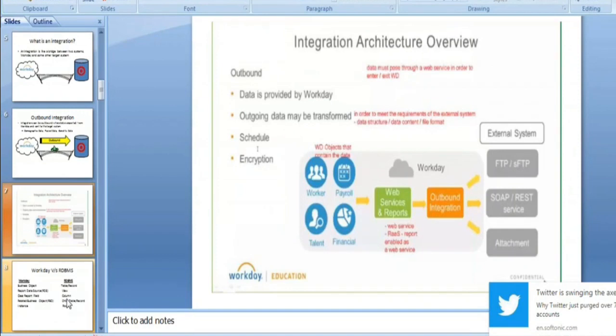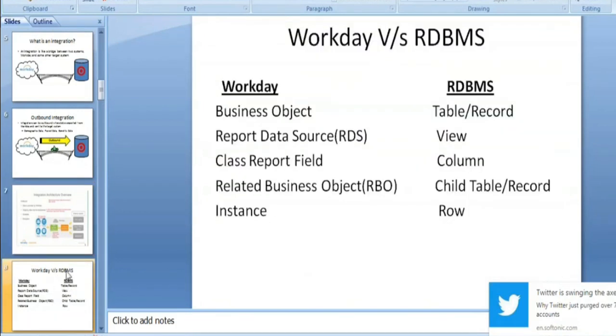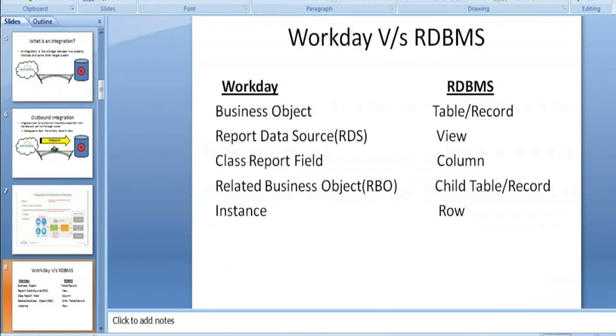In case of outbound, this is just an architecture of outbound here. The data will be stored in the form of integration objects. Let's start with what is Workday versus what is RDBMS. These are the equivalent objects in Workday and RDBMS, a relational database management system.